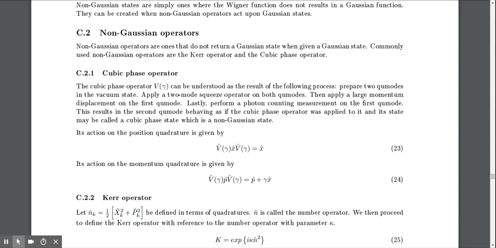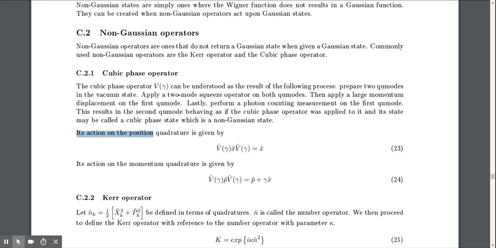Then apply a large momentum displacement on the first Q-mode. Lastly, perform a photon counting measurement on the first Q-mode. This results in the second Q-mode behaving as if the cubic phase operator was applied to it, and its state may be called the cubic phase state, which is a non-Gaussian state.